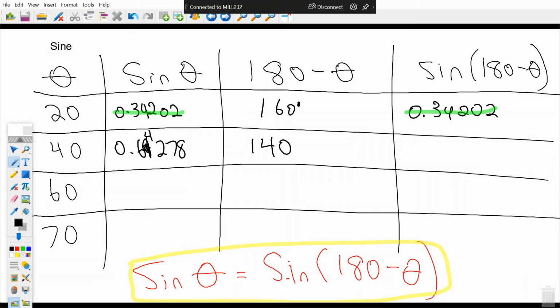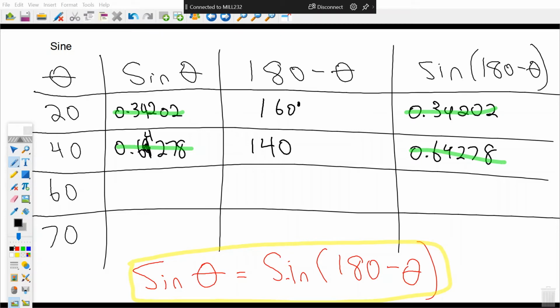And sine of 140 is also 0.64278. You can see that once again, these two sine ratios are equal, for sine 40 and sine 140. Now, that remains true for the other ones.